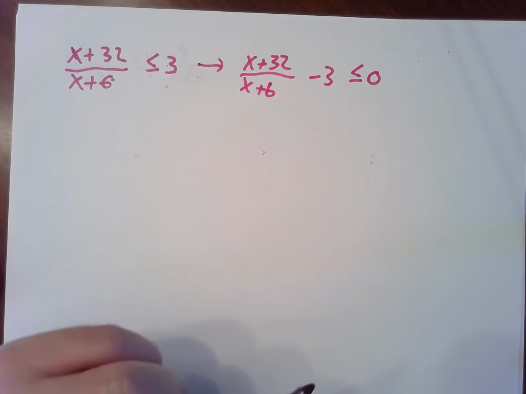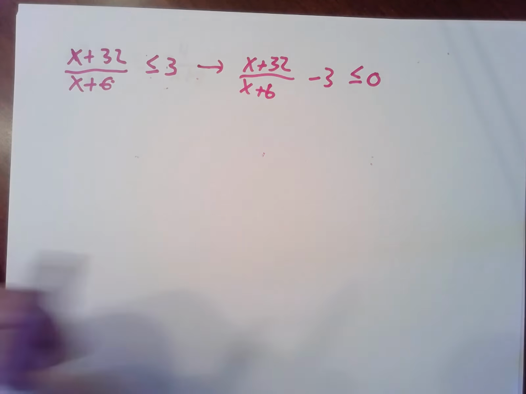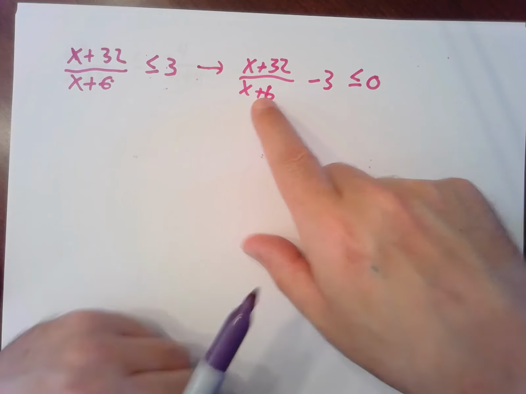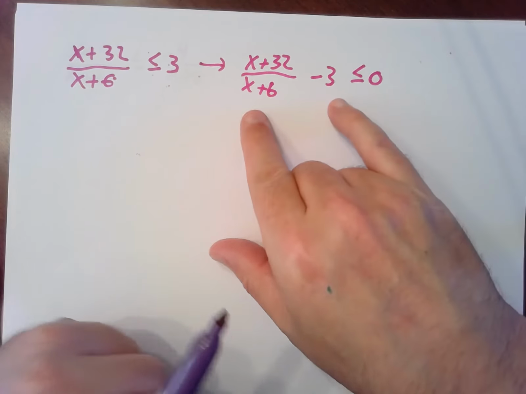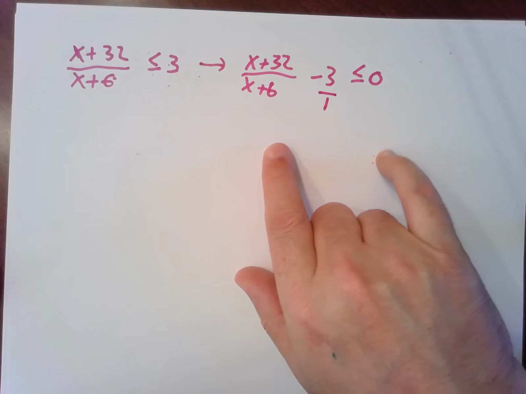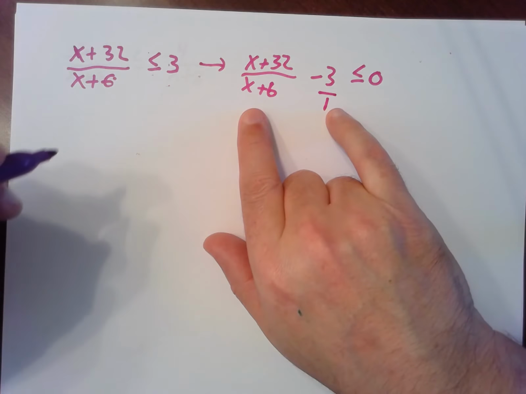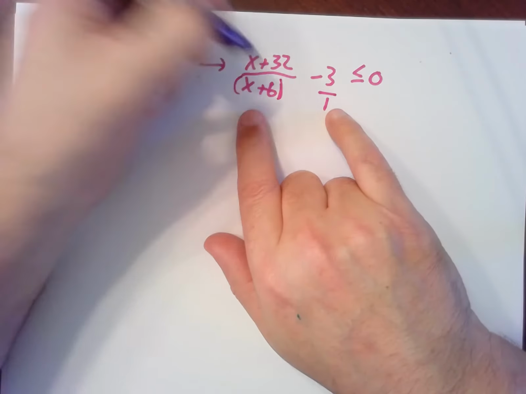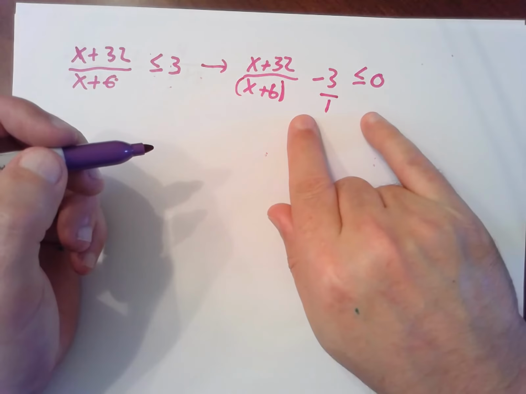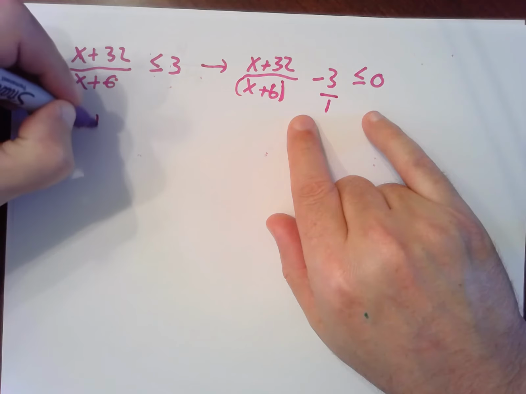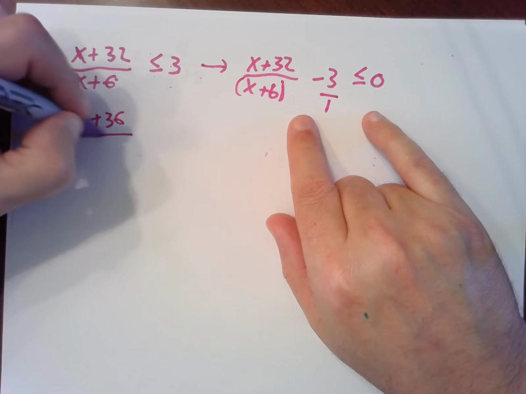Okay, now we're going to do a bunch of complicated math, because I need this side now to be in factored form, which means I'm going to have to combine these fractions together. Remember, this is really 3 over 1. So I'm going to have to find a common denominator here. So I've got an x plus 6 and a 1, my common denominator is x plus 6.